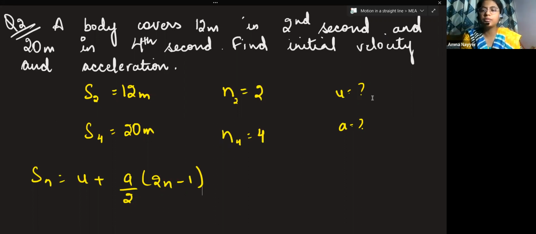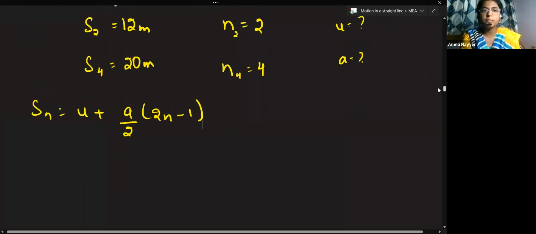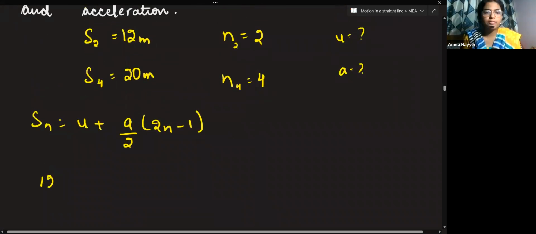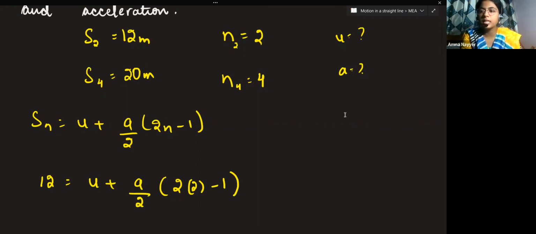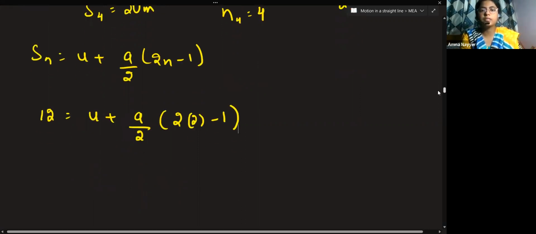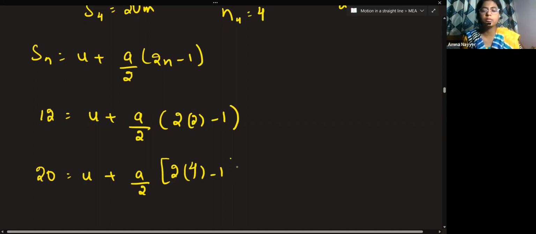Let's put the values for the first one. 12 will be equal to u, which we don't know, plus a by 2, which we also don't know, into 2 into n, n is 2, minus 1. This is the first equation. Second equation: 20 is equal to u plus a by 2 into 2 into n, n here is 4, minus 1.